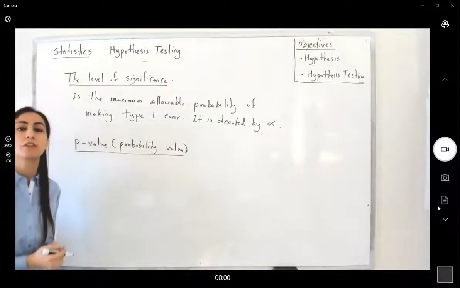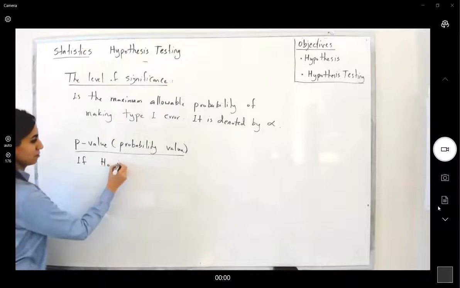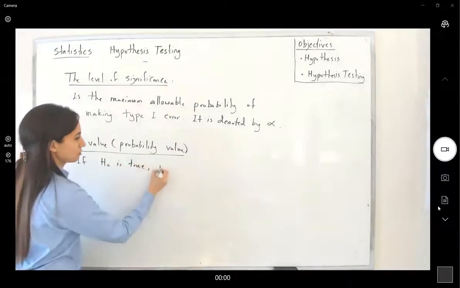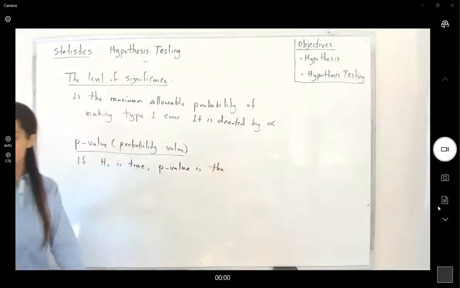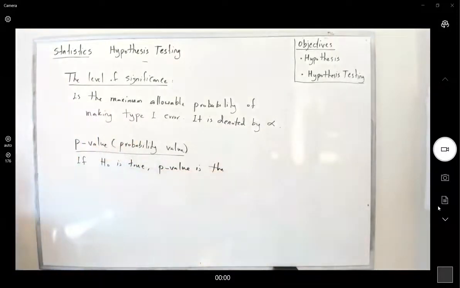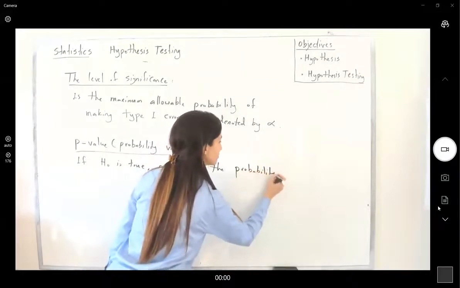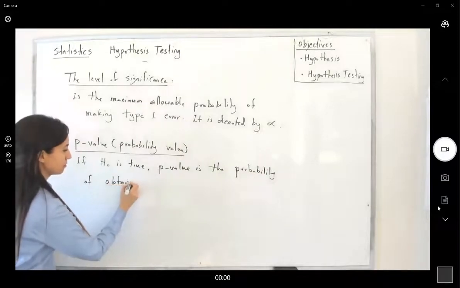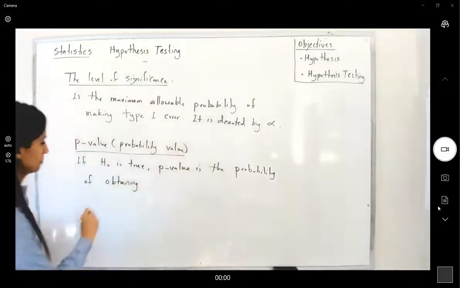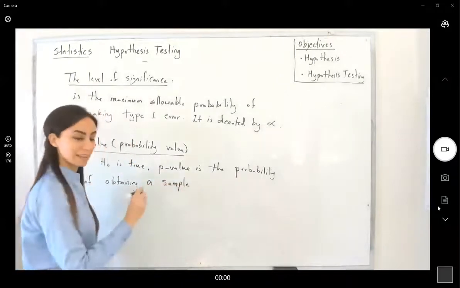If the null hypothesis is true, the p-value is the probability of obtaining a sample statistic.